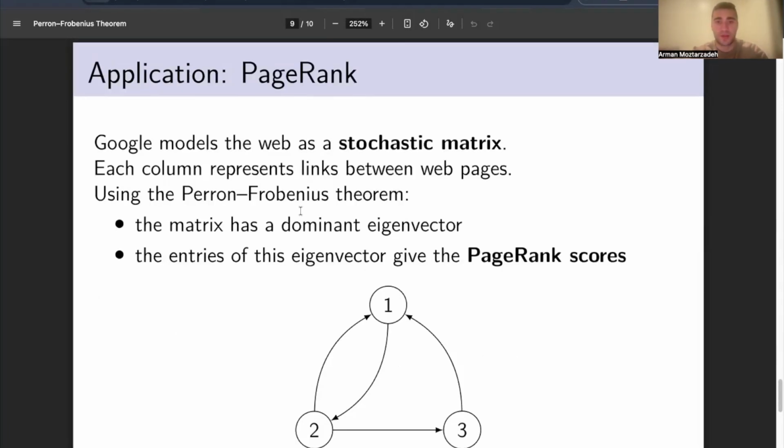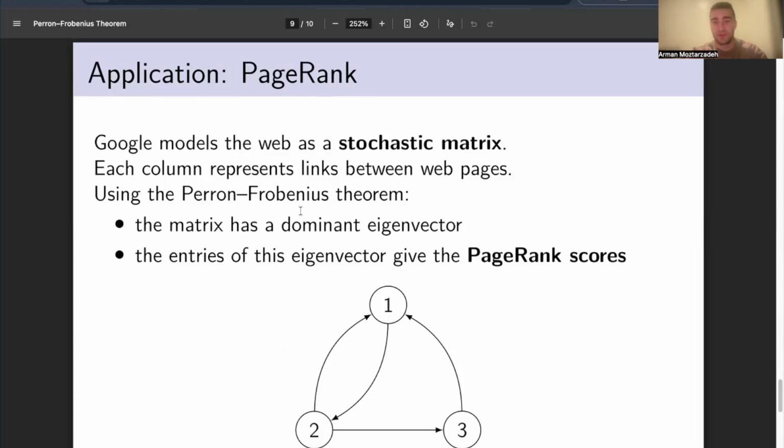One famous application of the Perron-Frobenius theorem is Google's PageRank algorithm. Google models the web as a large stochastic matrix where each column represents how a web page distributes probability to the pages it links to. If you use Google, you can see that it ranks pages based on a certain algorithm, and that is basically controlled by Google's PageRank algorithm.